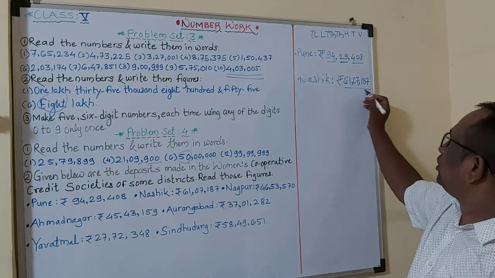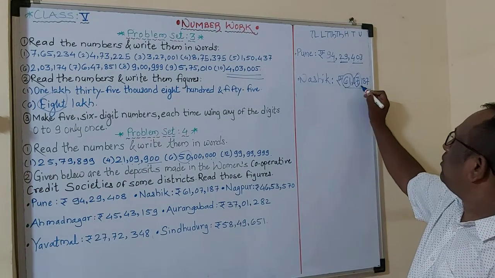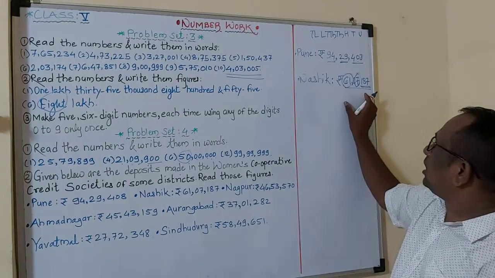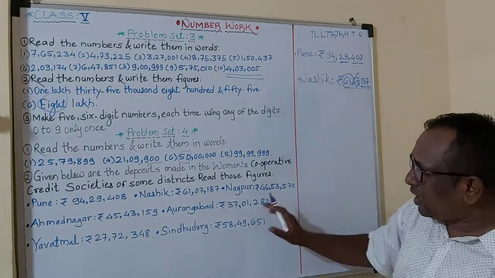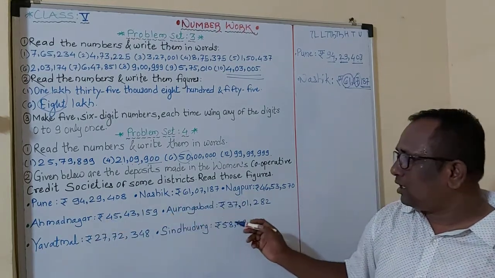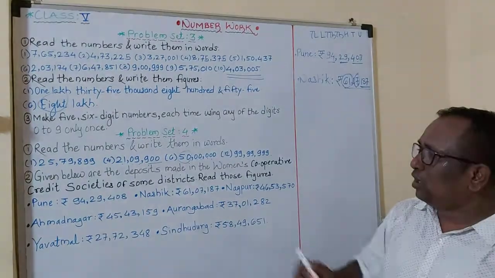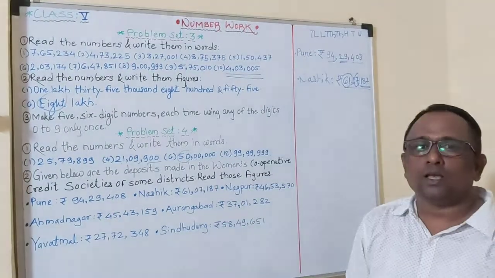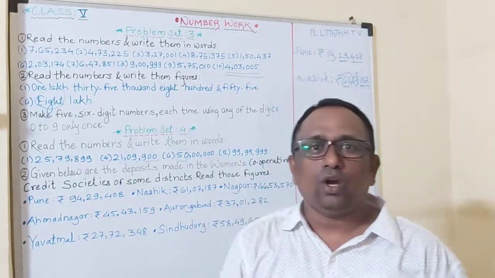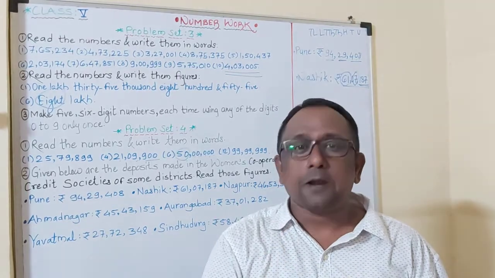This amount also you have to write in words. Like this, you then have to write Nagpur, Ahmednagar, Aurangabad, Yavatmal, Sindhudurg. This way you have to solve this question. I hope, students, you understand all this. Now in the next video we are going to learn the next practice set. Till then, students, take care. Bye bye.